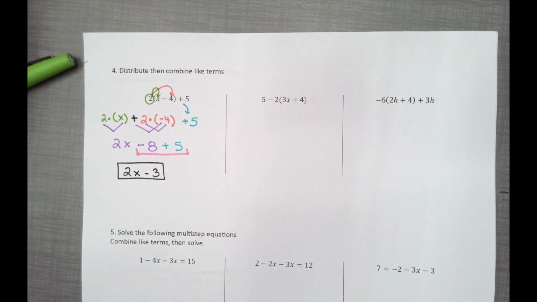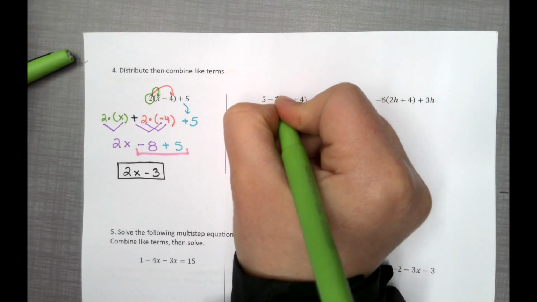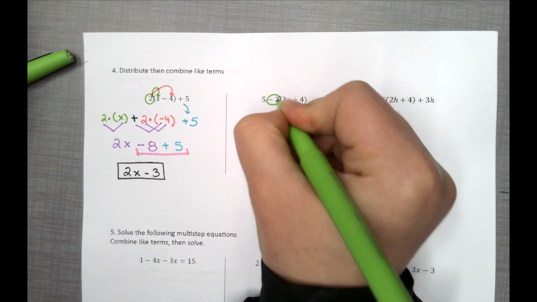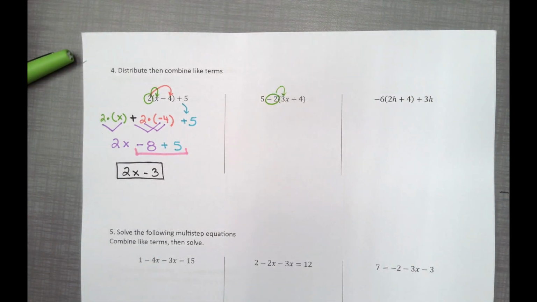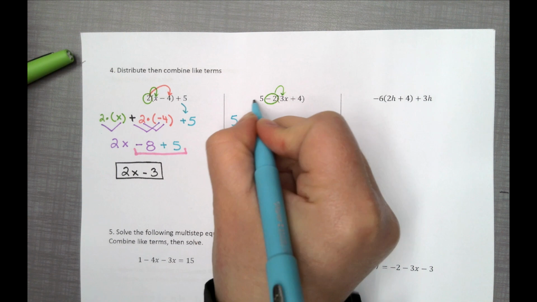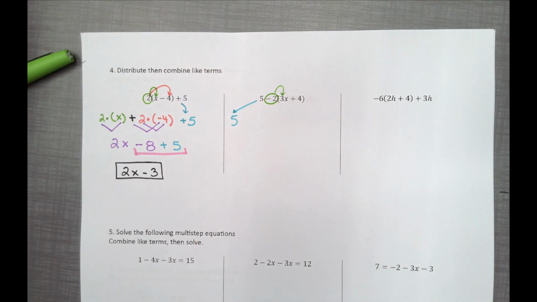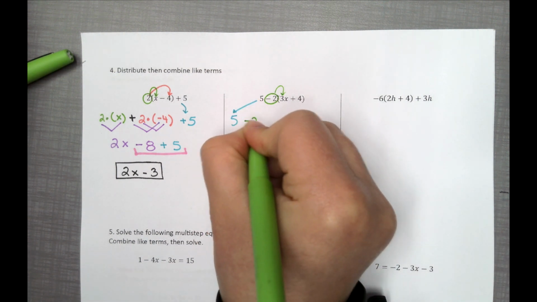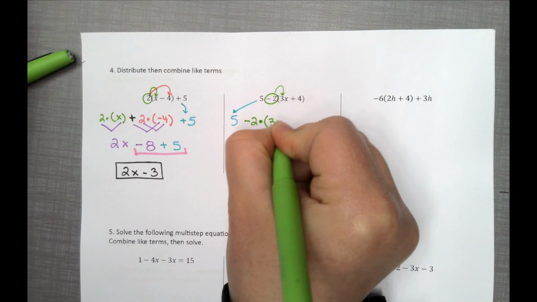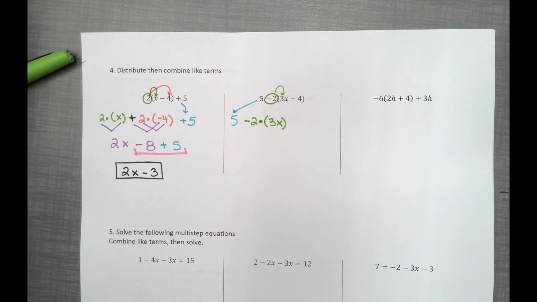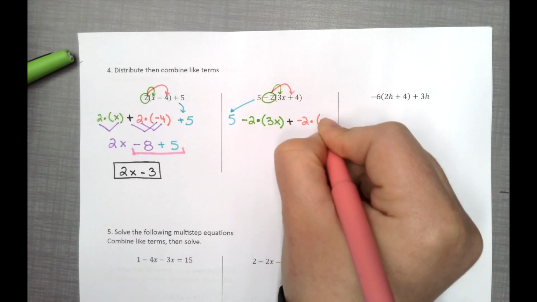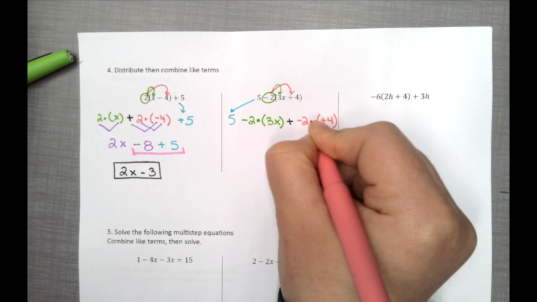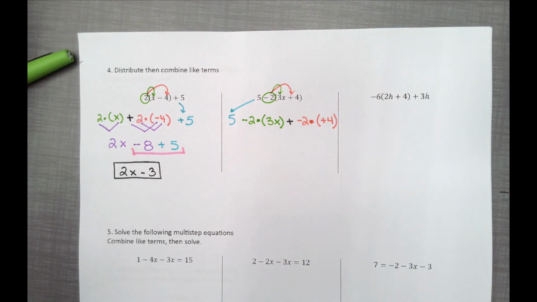Okay, moving on again. Be careful on this one with the distributive property. You are taking that 2, but you're taking the minus with it. So this is a -2 times 3. So what we have on this one, we do have this 5 here, but then we have our distributive property of -2 times open 3x, close it. And we have our -2 times this +4. -2 times open, +4. Be careful where you need to multiply and where you're going to be combining like terms.